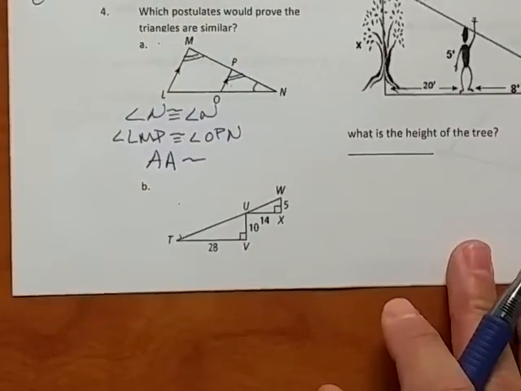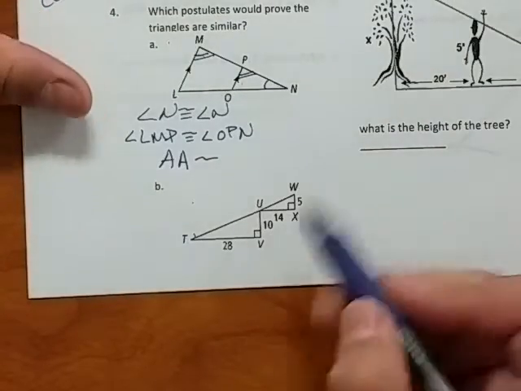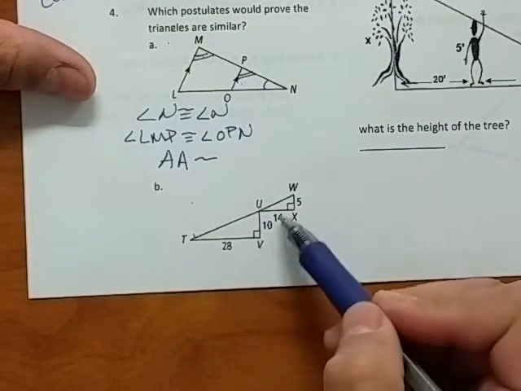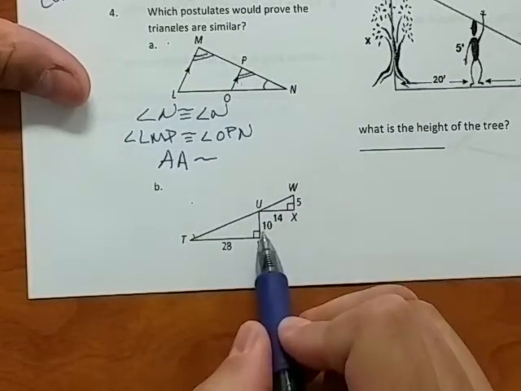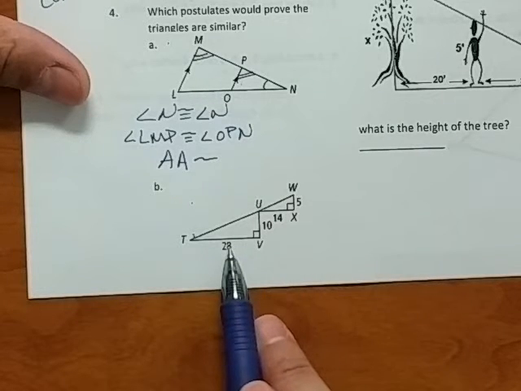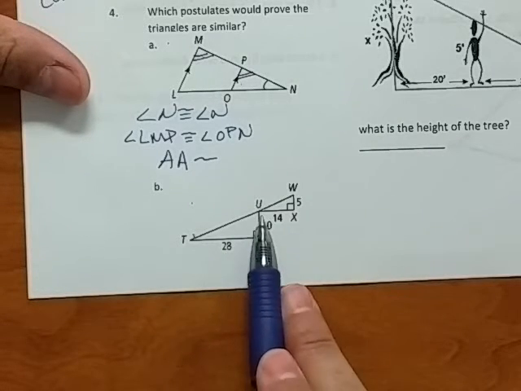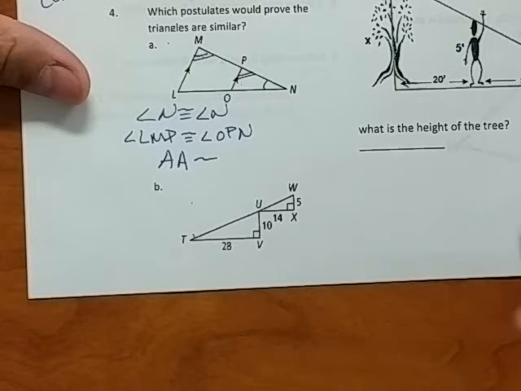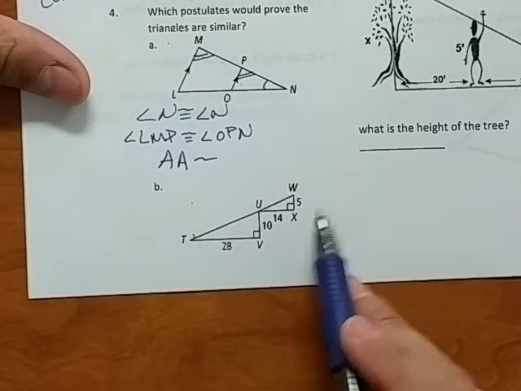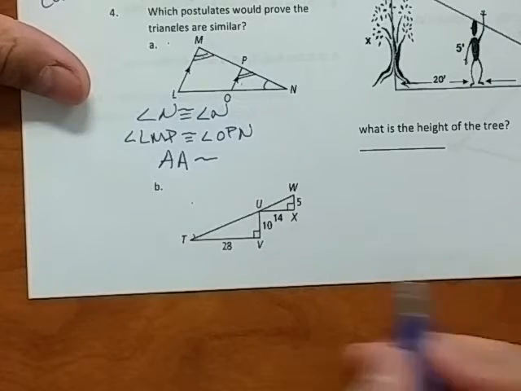Now for this one here, I'm not going to be able to do angle, angle. I'm going to have to check for sides. So it would be side, angle, side, but now they have to have a common ratio. So let's check that common ratio.